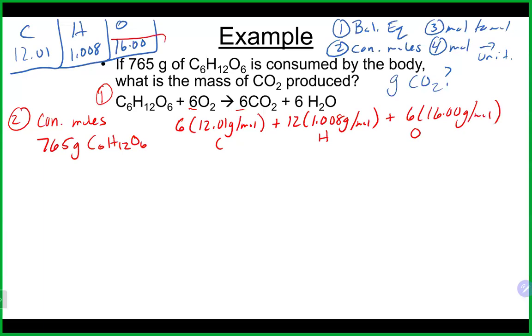And again, that is all coming from the periodic table. And we will add all that together, 6 times 12.01 plus 12 times 1.008 plus 6 times 16. And it looks like we do end up with a molar mass of 180.2 grams per mole.